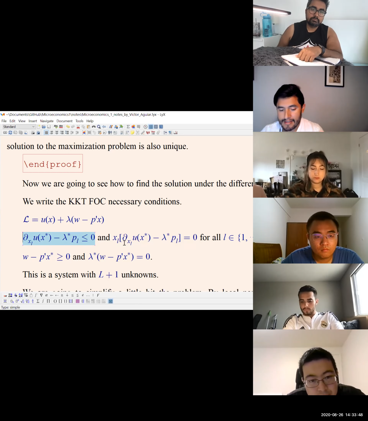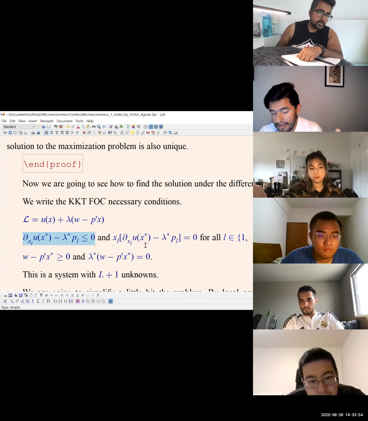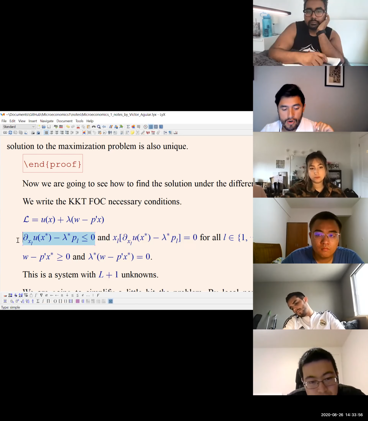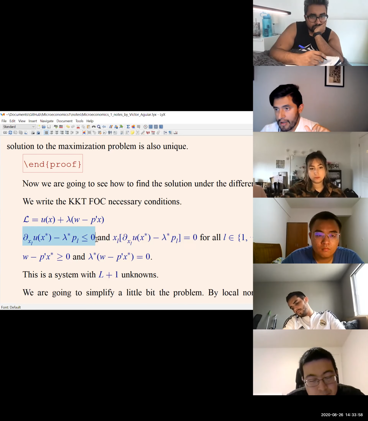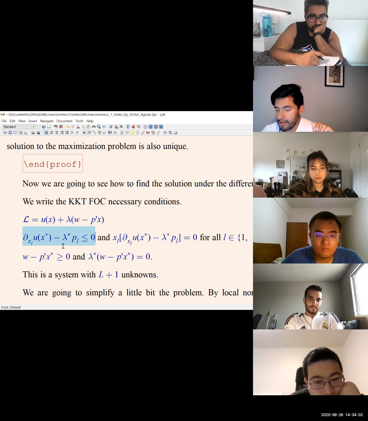So whenever x is 0, then it may be either. So it either is a strict inequality or an equality. So why is that? Let's read the math. So this is just mechanical, right? You derive the Lagrangian with respect to x_l, and you obtain this term. Instead of equating it to 1, you make it less than or equal to 0, okay? So it can be either.